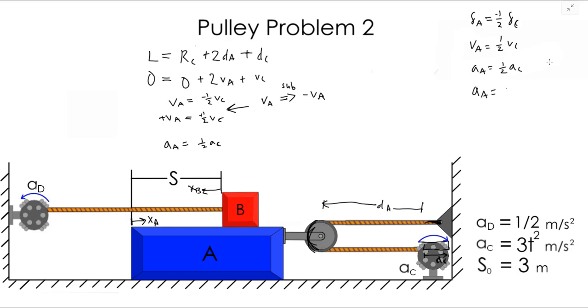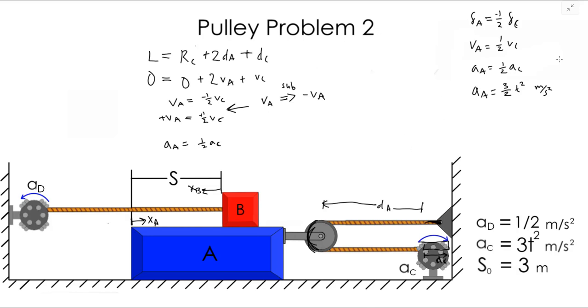Implementing 3t squared into there, AA equals 3 halves t squared, and that's going to be meters per second squared. Obviously, keep the same units.